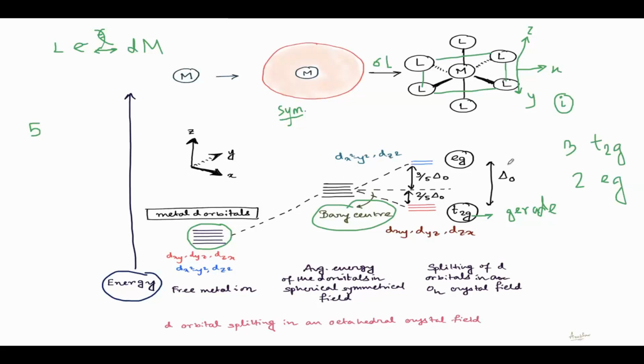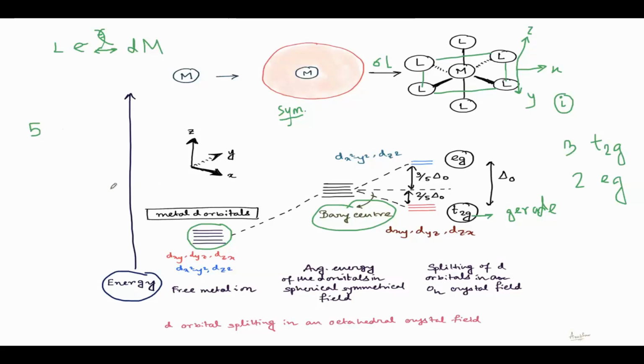Now we are having these 5 d orbitals which we have broken into 3 T2g orbitals and 2 eg orbitals. Now what will be the average energy? Let's say the average energy here was 0. So basically however this has been split, their net energy should also remain 0.